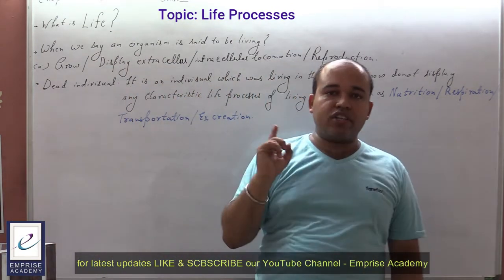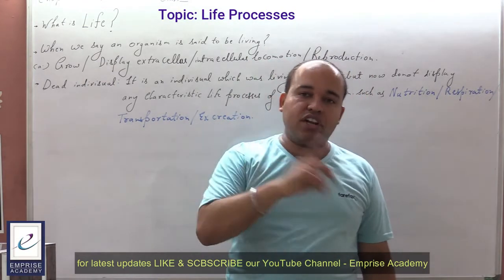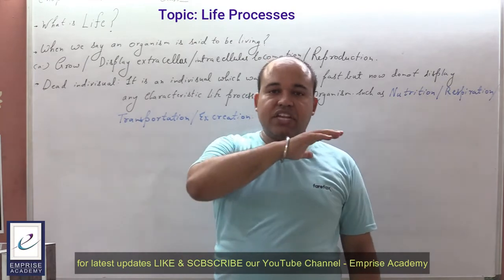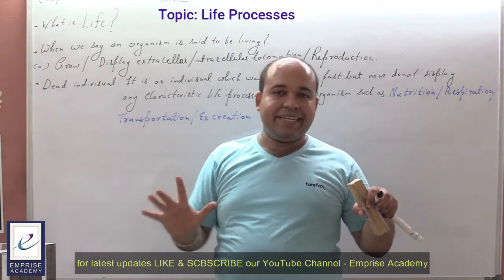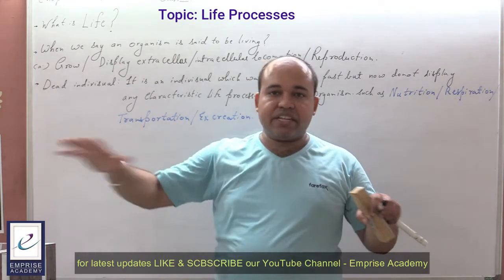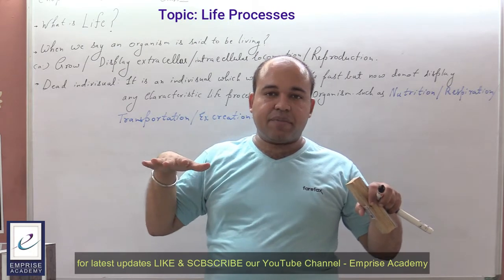Note, an organism is said to be dead only when the brain of that organism has died off. That means there is no oxygen supply in the brain and then the brain dies off. In the ECG it is shown that there is no activity present in the brain.